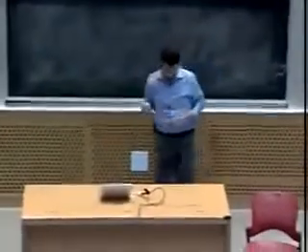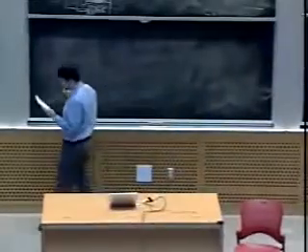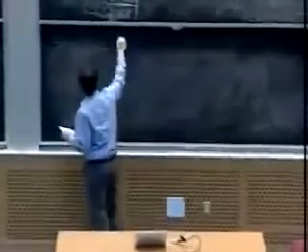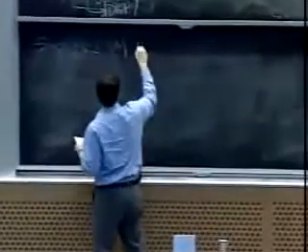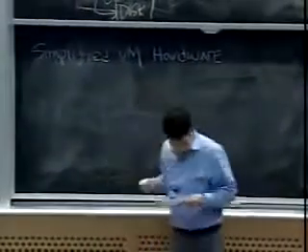Okay, so now let's dive a little bit more into how this virtual memory abstraction actually works so we can try to understand a little bit more about what's going on. So this is going to be a simplified VM hardware, okay? This is a simplified version, a little bit simplified even from what you learned about in 6004.